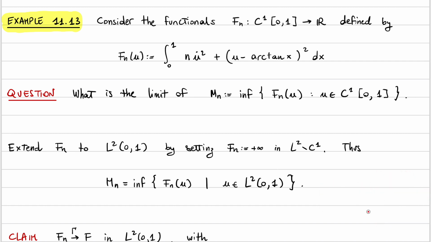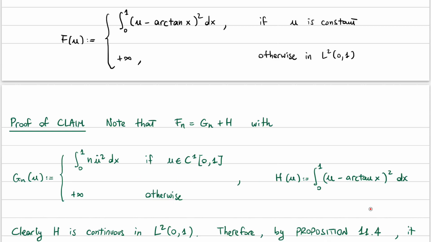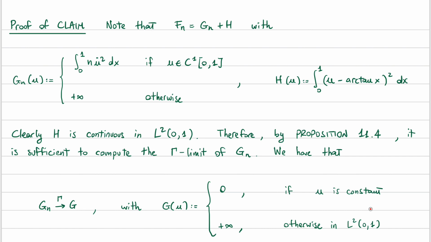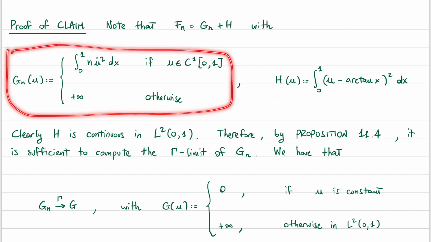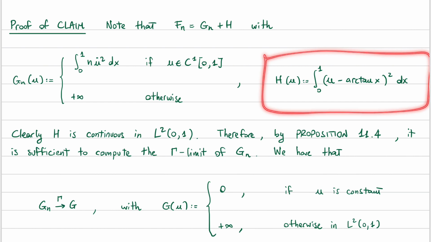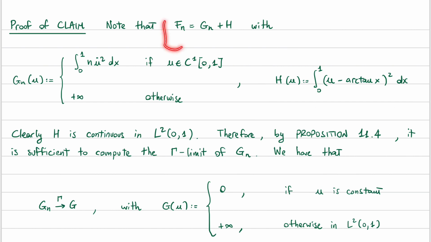Okay, now let's see this more precisely. Proof of claim. As I was saying, notice that Fn can be written as Gn plus h, with Gn this guy here. It's just the integral of the first part, if u is in C1, and plus infinity otherwise, and h is the second term appearing in the definition of Fn.